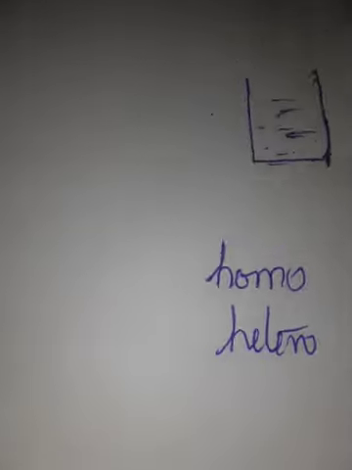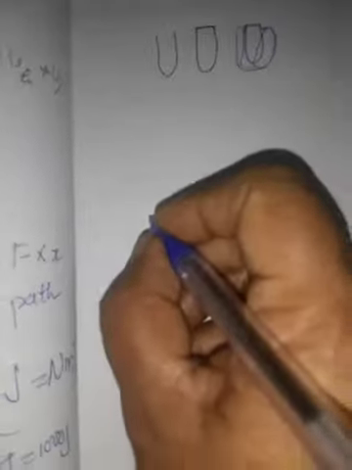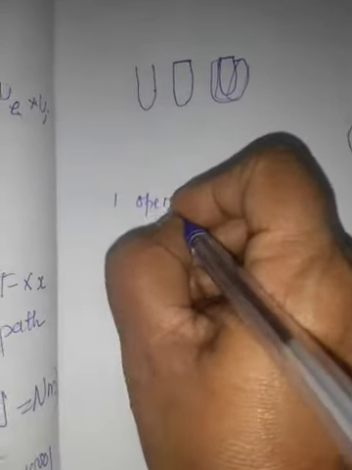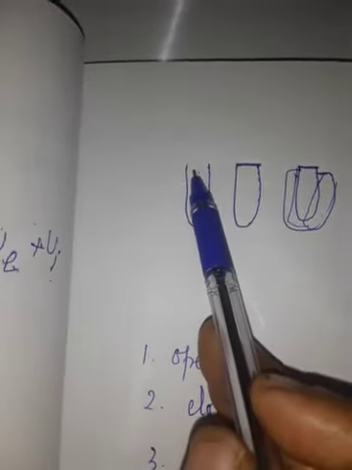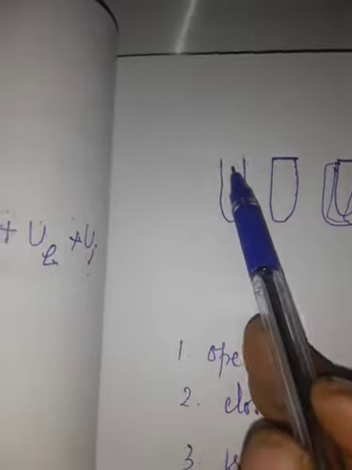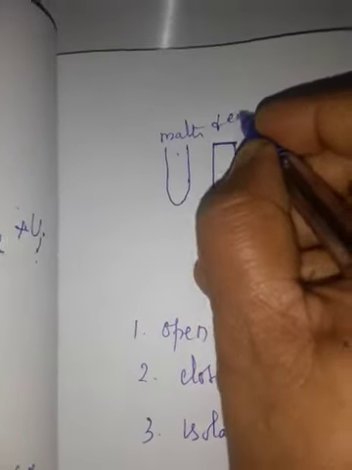Next, types of system. Number one, open system. Number two, closed system. Number three, isolated system. What is an open system? If the system is opened like this, without closing, this system can exchange both matter and energy.